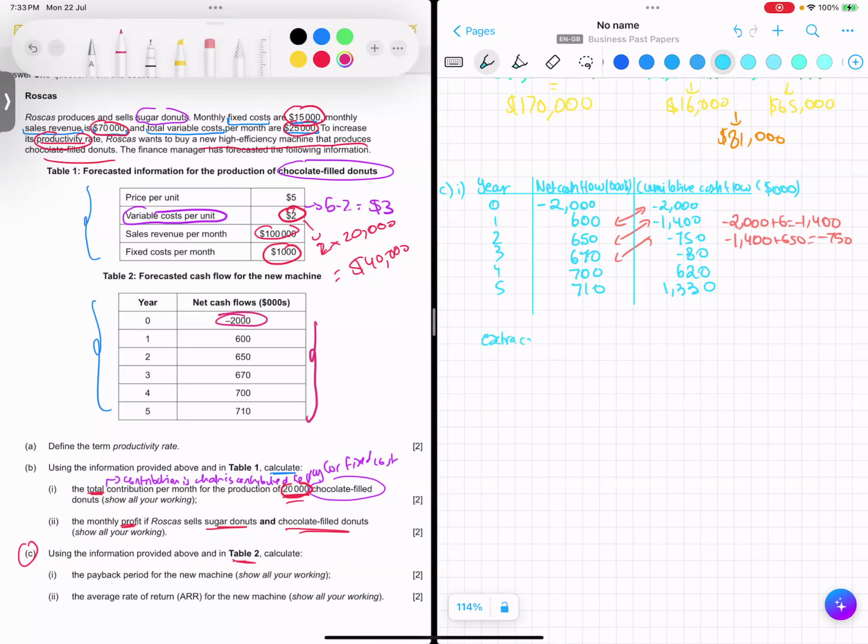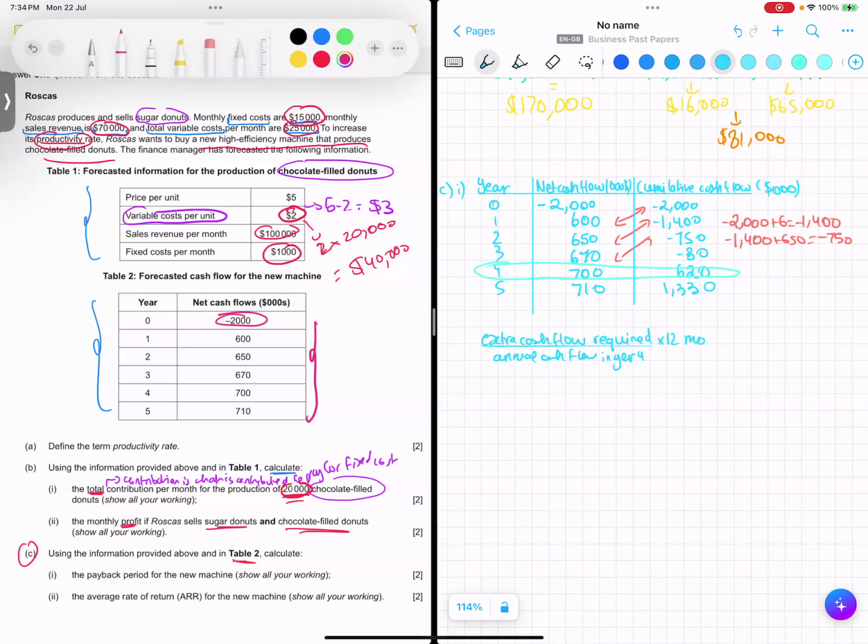Extra cash flow required over annual cash flow in the year which it became positive, which is actually year 4. This is when we actually had a positive cash flow in year 4, times 12, just because we have 12 months, so we have to multiply it by 12.